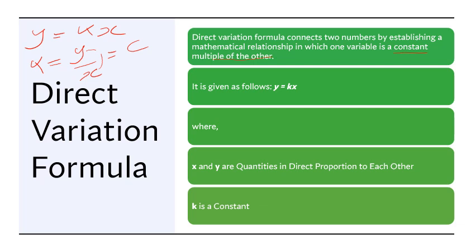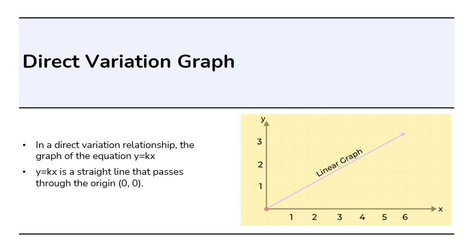Where x and y are quantities in direct proportion to each other, k is just a constant. k remains a constant for the direct variation formula. Hope this makes sense. Let's keep going.